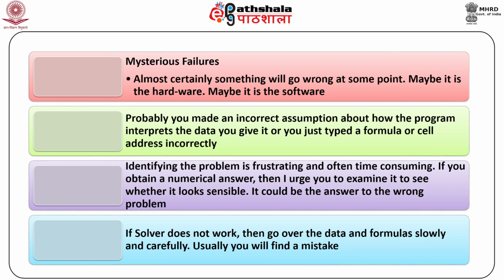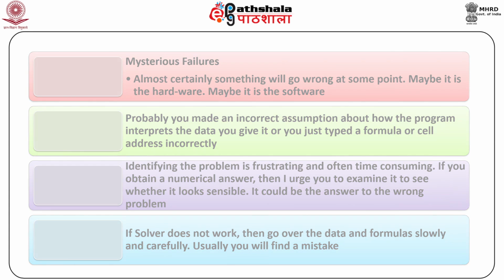Identifying the problem is frustrating and often time consuming. If you obtain a numerical answer, then I urge you to examine it to see whether it looks sensible. It could be the answer to the wrong problem. If solver does not work, then go over the data and formulas slowly and carefully. Usually you will find a mistake.